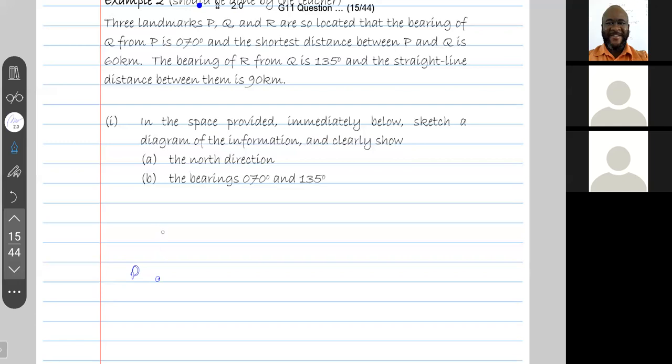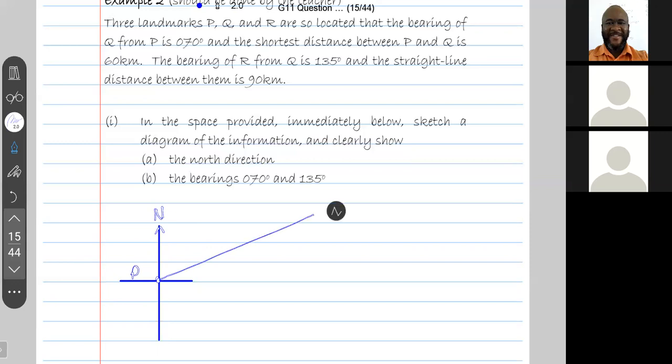So at P, I'm going to draw my north, south, east, west line, because I'm taking the bearing of Q from P. So this is my north, south, east, west line, and this is the point P. Now this is north, and bearing is measured clockwise from north. 70 degrees would put me somewhere in this direction.